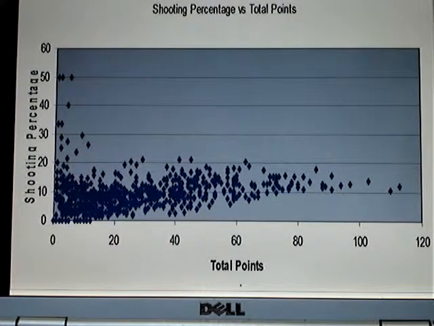You can see that there are some players who had a 50% shooting average, which was extremely high for the number of goals they actually scored. And there were some outliers along the x-axis as well, for players who shot really poorly and had a high number of scores, but a very poor shooting percentage.